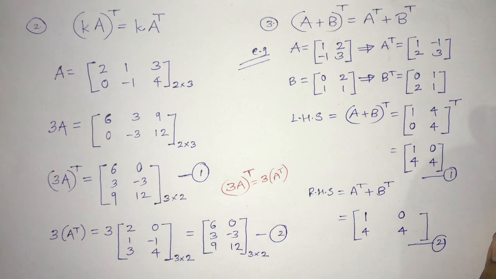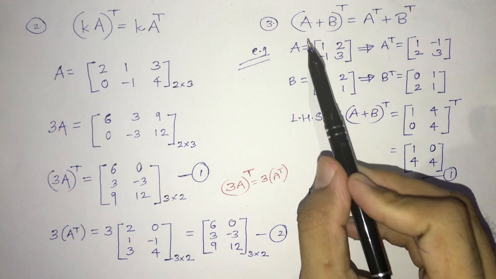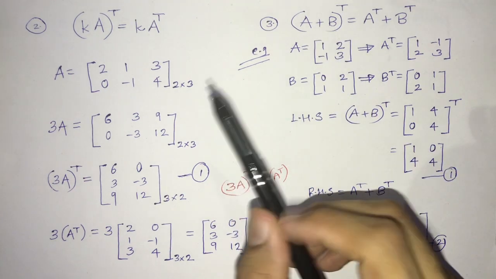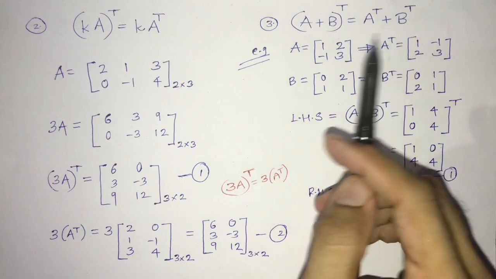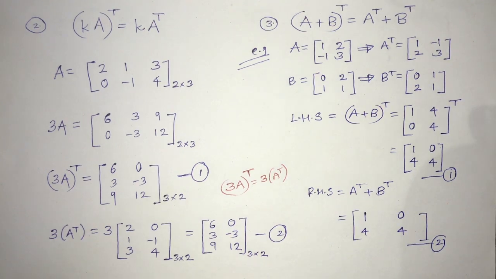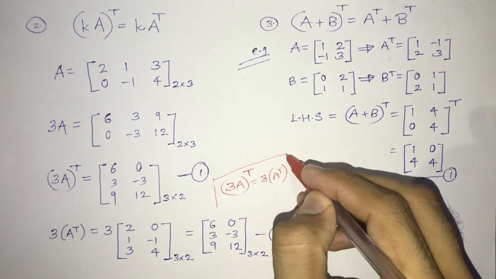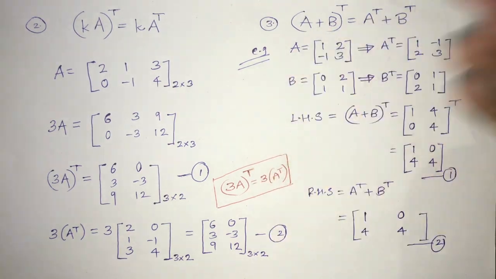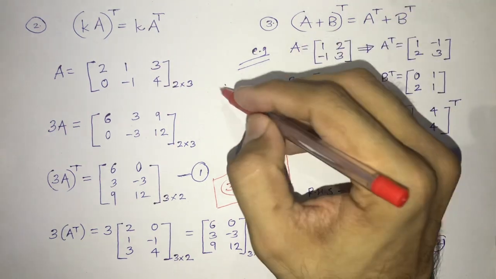So what is the property? You add the matrices, then you take the transpose, or you take the transpose and then you add the matrices. The result will be the same. So perform the addition first, then take the transpose, or take the transpose first and then perform the addition. It is going to be one and the same. Okay, so these are the properties which we have to remember. There are still more properties coming.